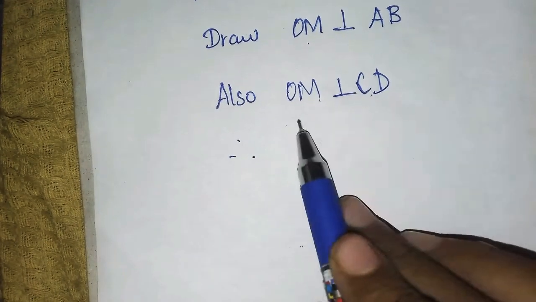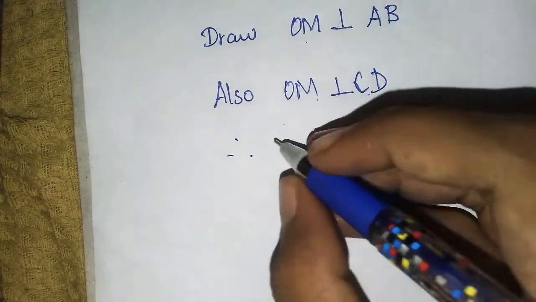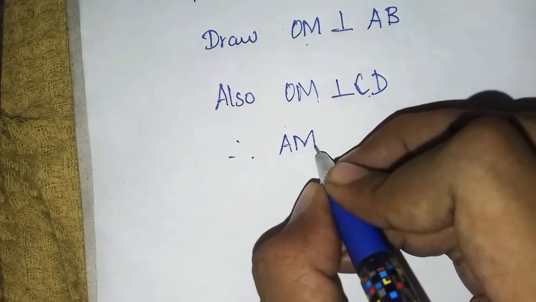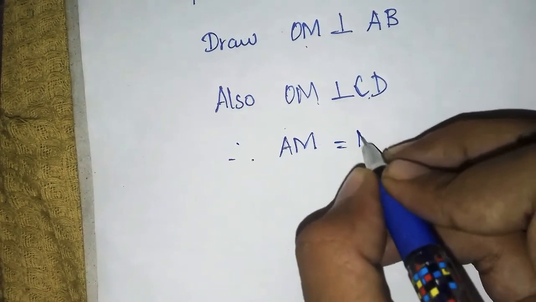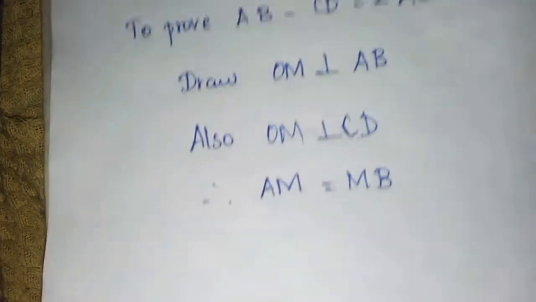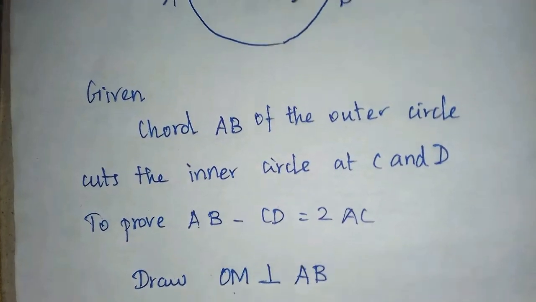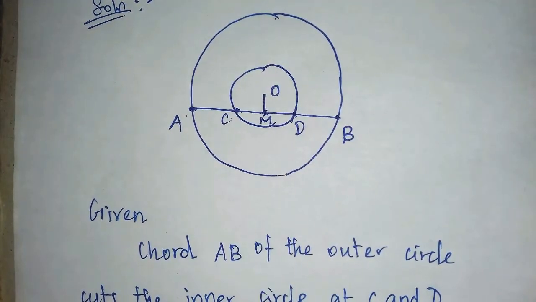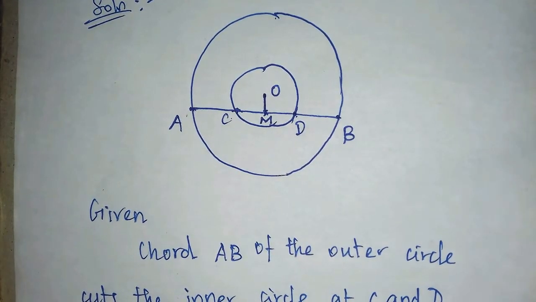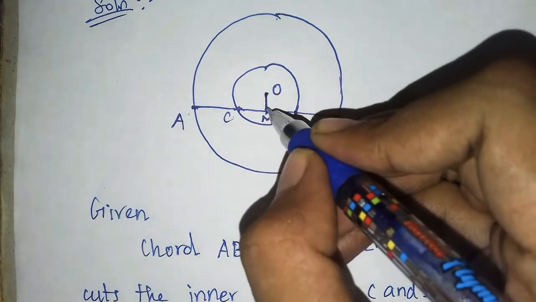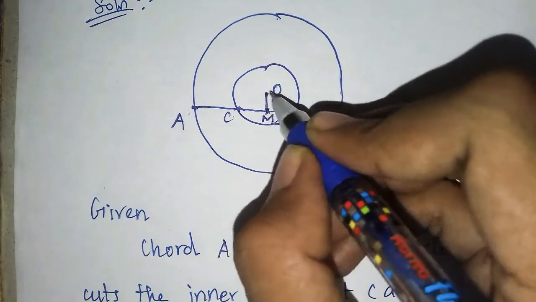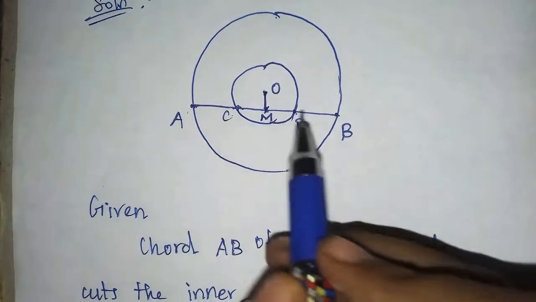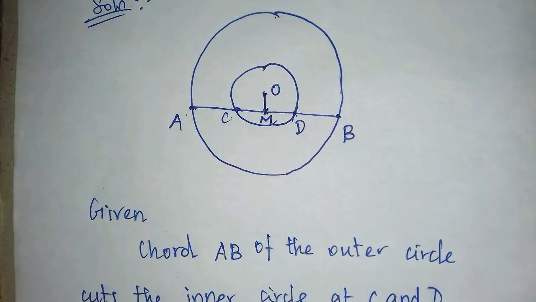Next what can we do? If these two are perpendicular, we have seen a theorem. By the theorem what can we say? AM is equal to MB. If this line is perpendicular to the chord, and M is another point, then CM will be equal to MD.